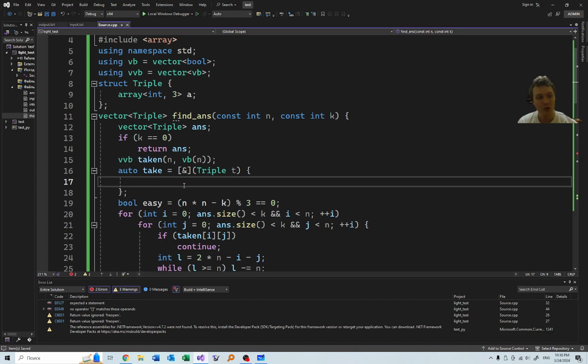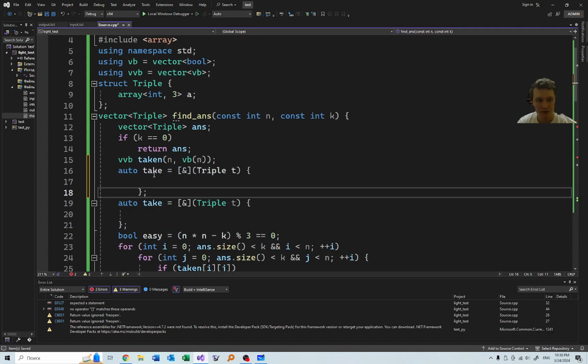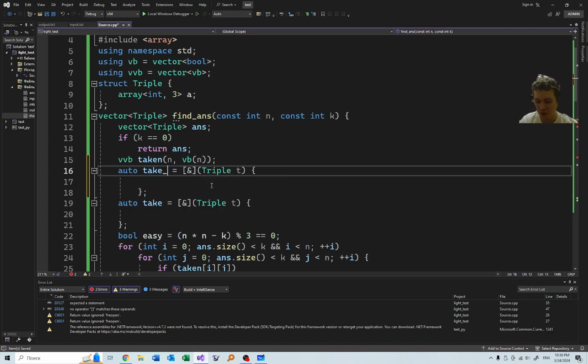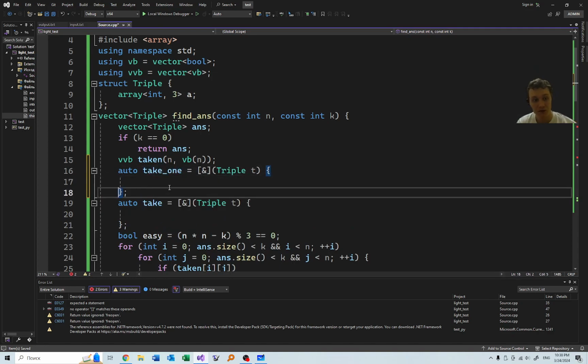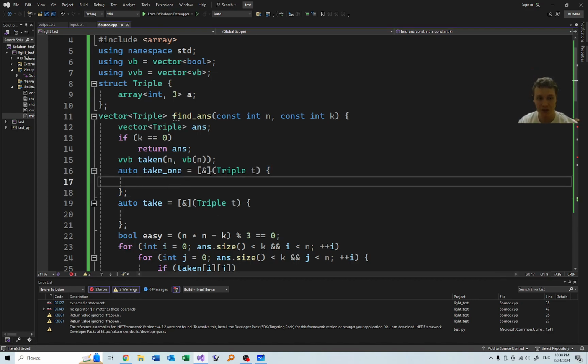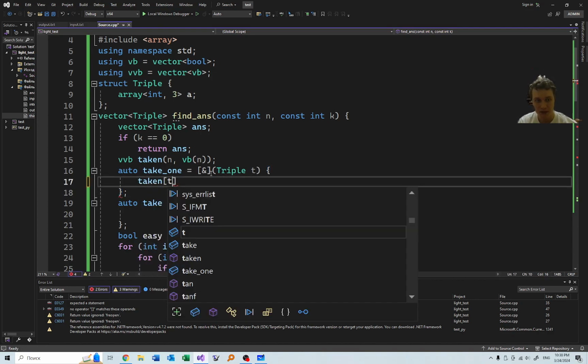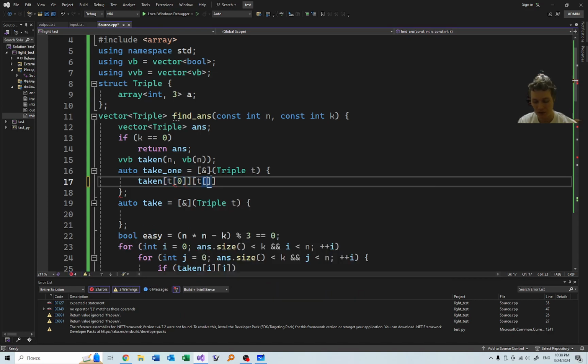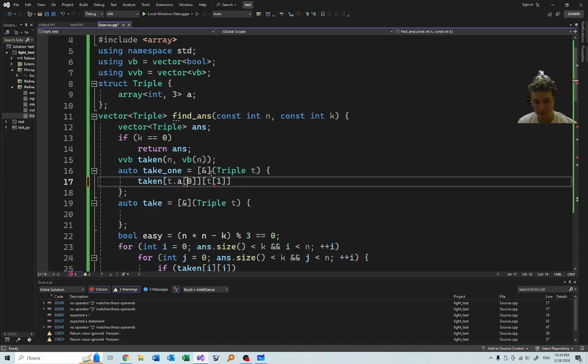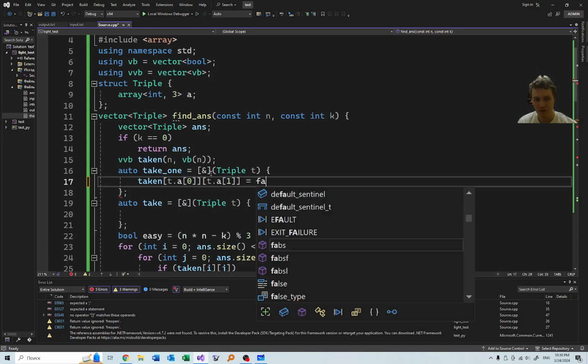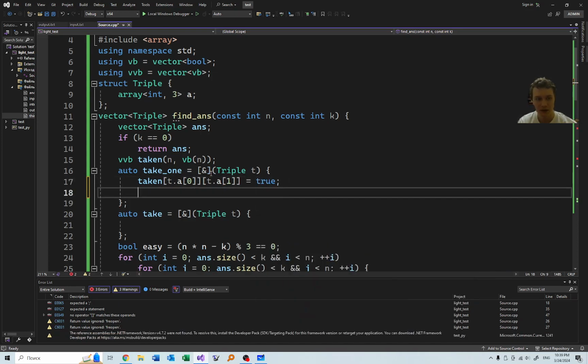So we always need to take it. How to take one triple? To take one triple, you just need to say that taken t0, t1, t2, t0, t1, t dot a is false, it's true, and dot pushback t.